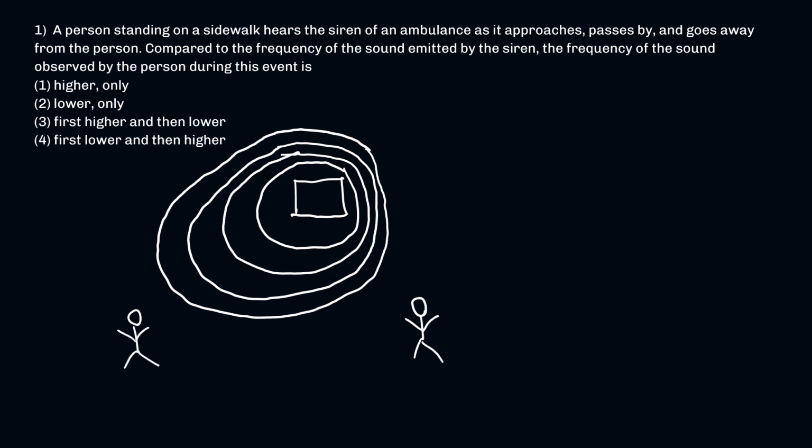So we can look at this based on our wave speed equation, because that's going to give us a relationship between frequency and wavelength based on a moving object. So for sound waves here, we have v = fλ. At the very front here where you have the person, I'm going to circle this in red.